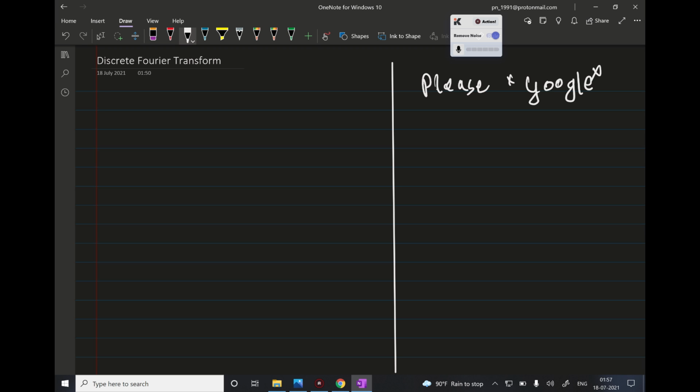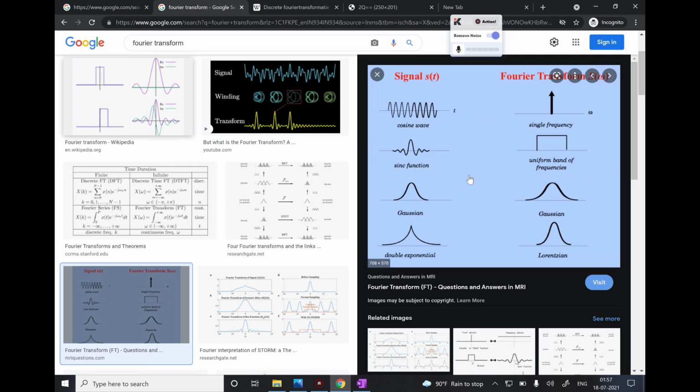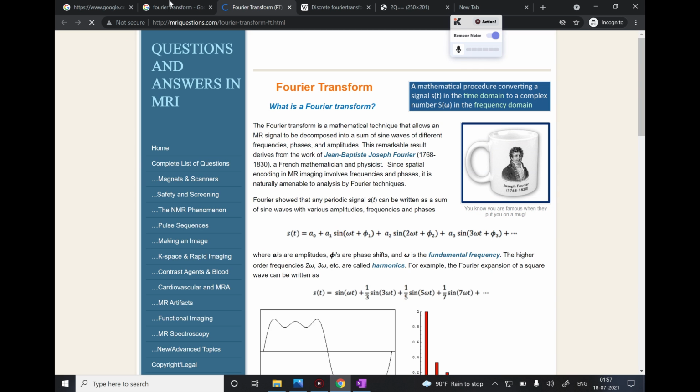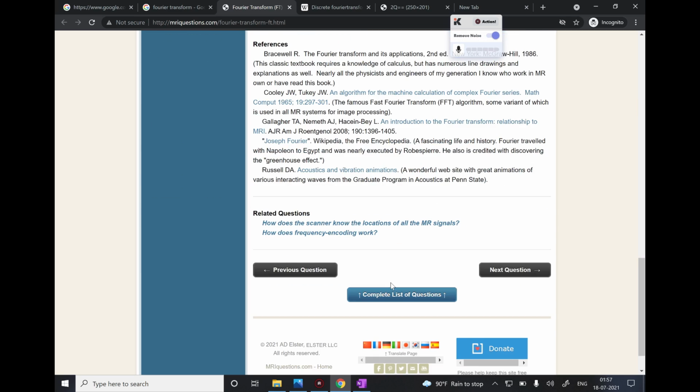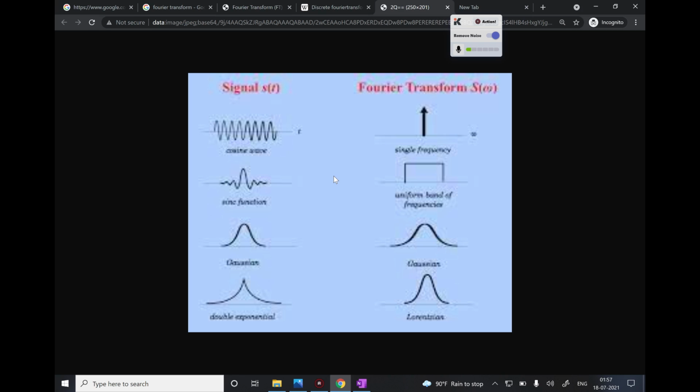Before we start on the Fourier transformation, I would like you all to see what the Fourier transform of a simple function looks like. Here we have an image, and let's see the first transformation.